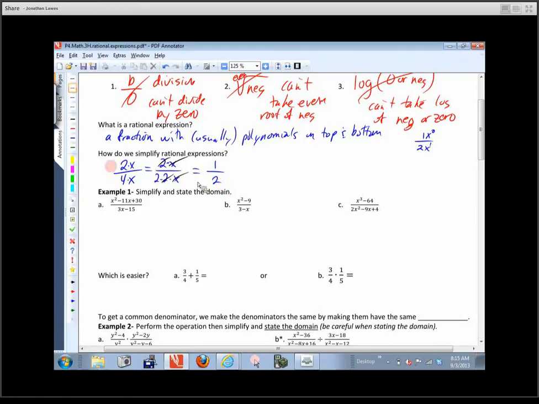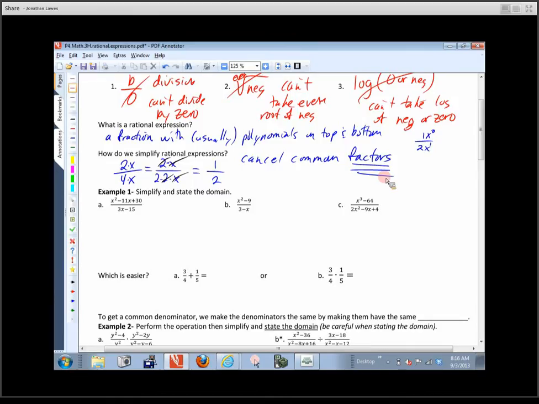So, how do we simplify rational expressions? We cancel common what? Common factors. Very good. We cancel common factors, which is a big deal. We cancel common factors, not common terms, and I'll point that out a couple times. But if we're going to cancel common factors, it's got to be factored.